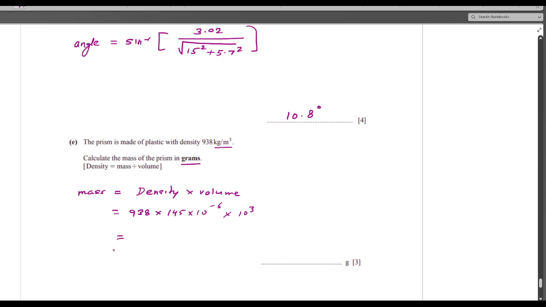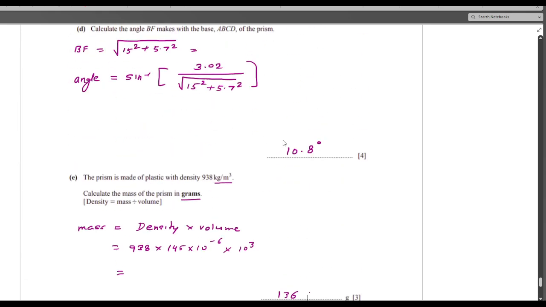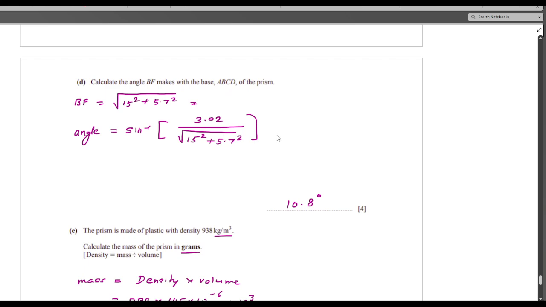So you should keep in mind what units you are using. 938 times 145 times 10 power minus 6 times 10 power 3, which gives 10 power minus 3, divided by 1000. So your result is 136 grams. It is 136.01, so 136 grams is your answer.